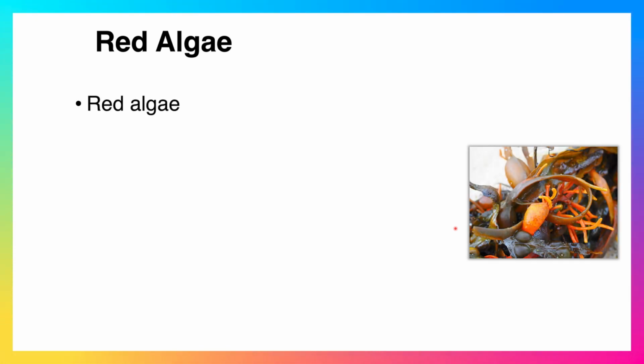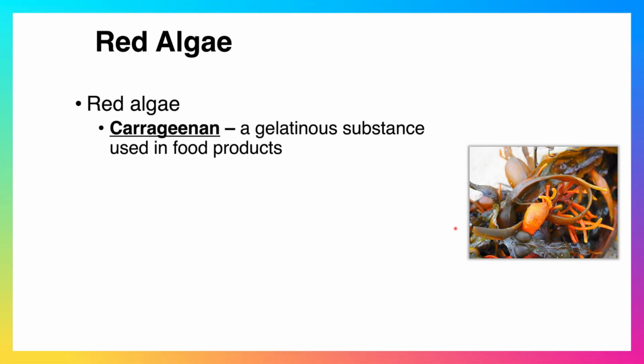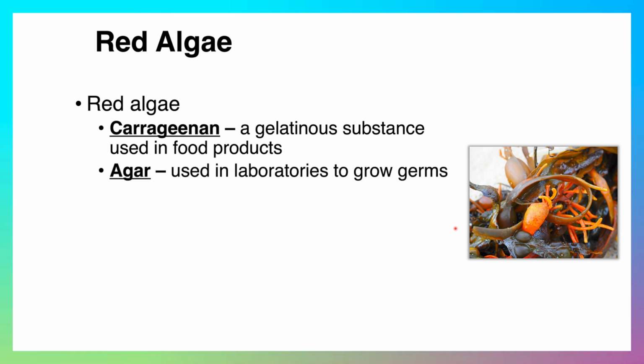Red algae are famous for one thing. They produce a gelatinous substance that is used in food products. That gelatinous substance is also used to make agar. You've probably heard of agar plates.